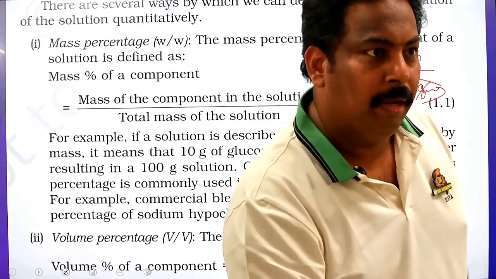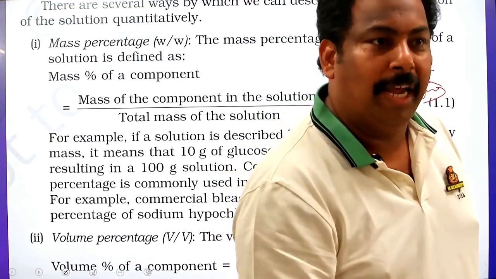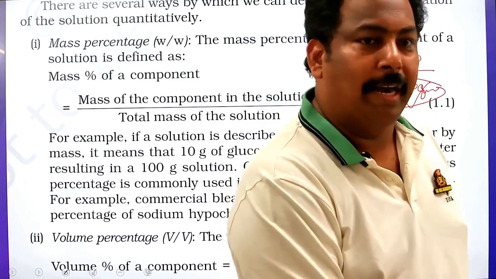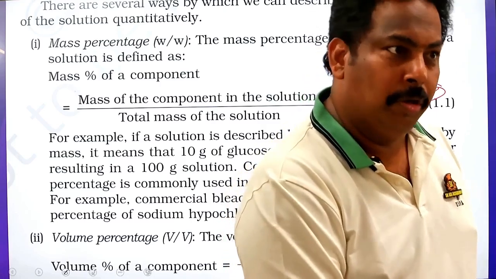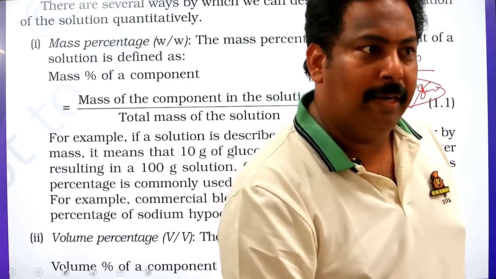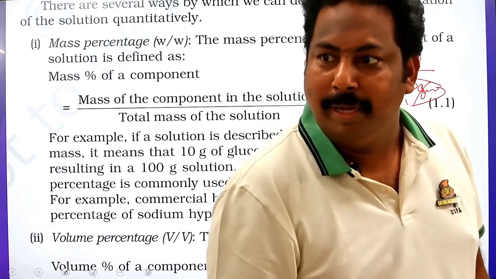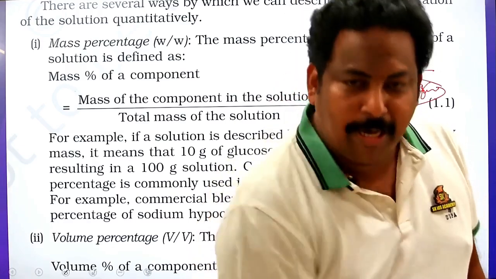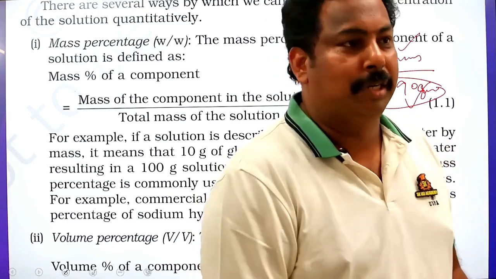So if you take 1 liter of alcohol, 400 ml will be solute, 600 ml will be solvent, 1000 ml will be solution. Clear?